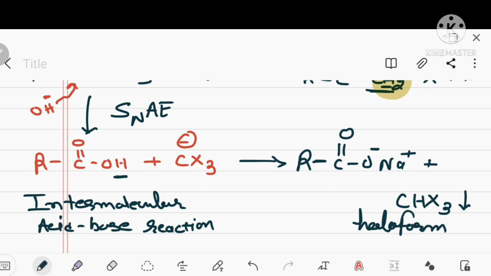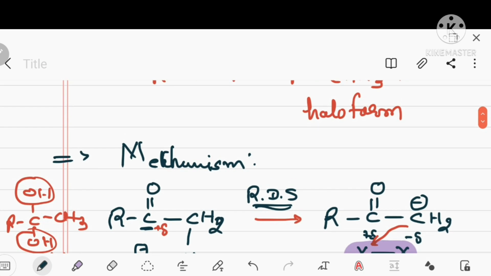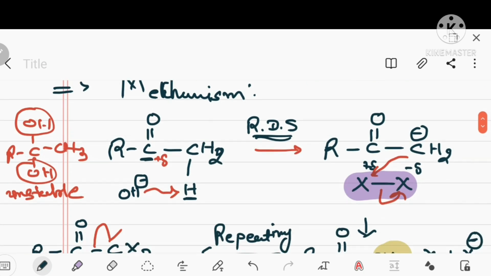I hope all of you understood the mechanism of this compound within 15 minutes. Okay, again I will repeat. Actually, only methyl keto species give this kind of haloform test or haloform reaction. The first step is most important and it is the rate determining step.